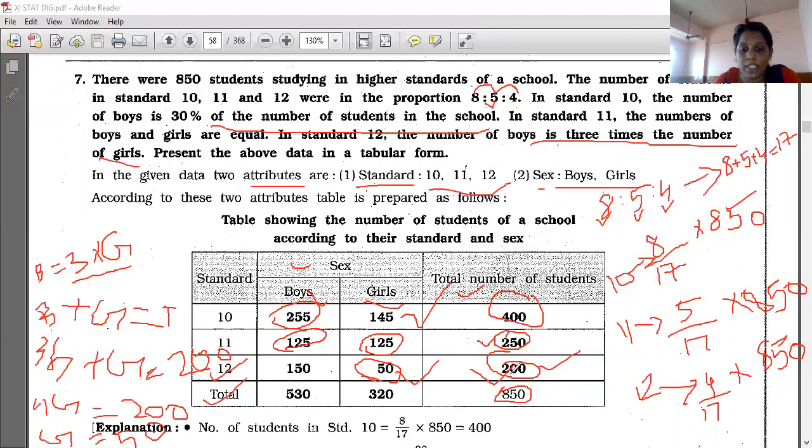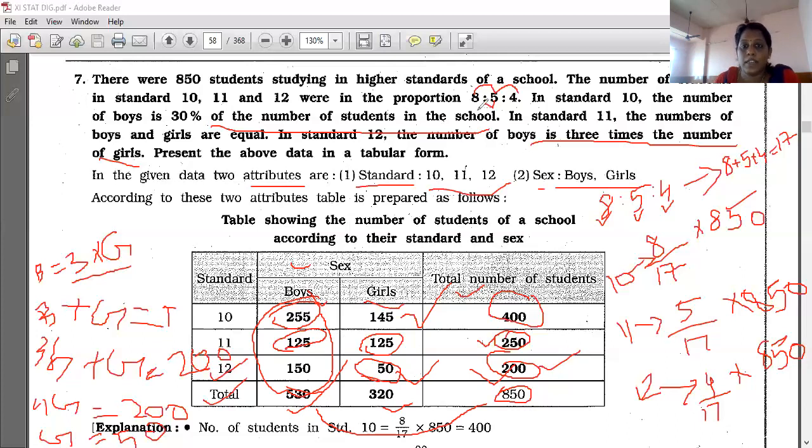So we have to do the subtraction, 200 minus 50. Then you will be getting 150, right? Now we have to add these three: 255, 125 and 150. That comes to 530. Then you have to do the subtraction 850 minus 530. That is 320. So this is the calculation of your seventh sum.